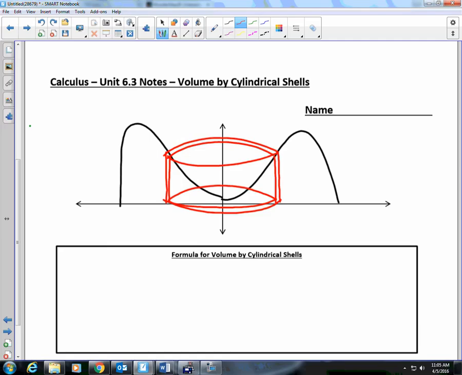We don't want just that one shell. We want to stack a bunch of shells inside one another.